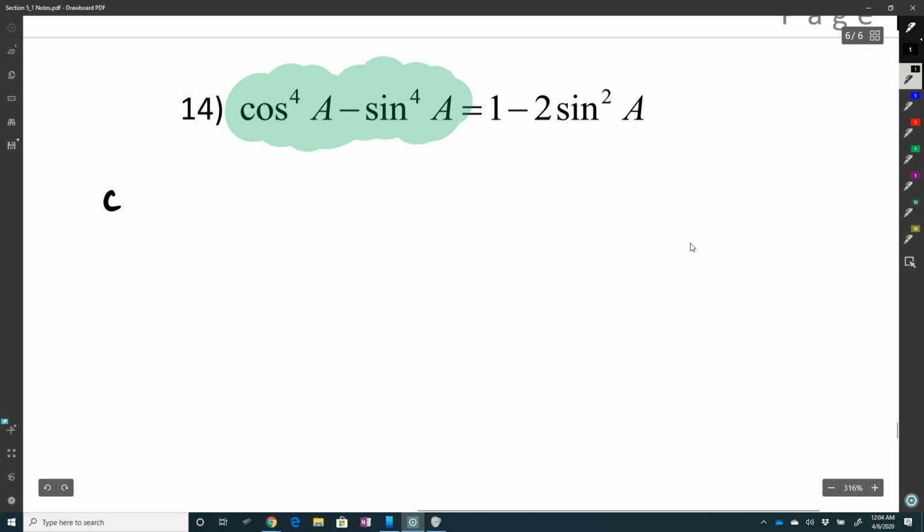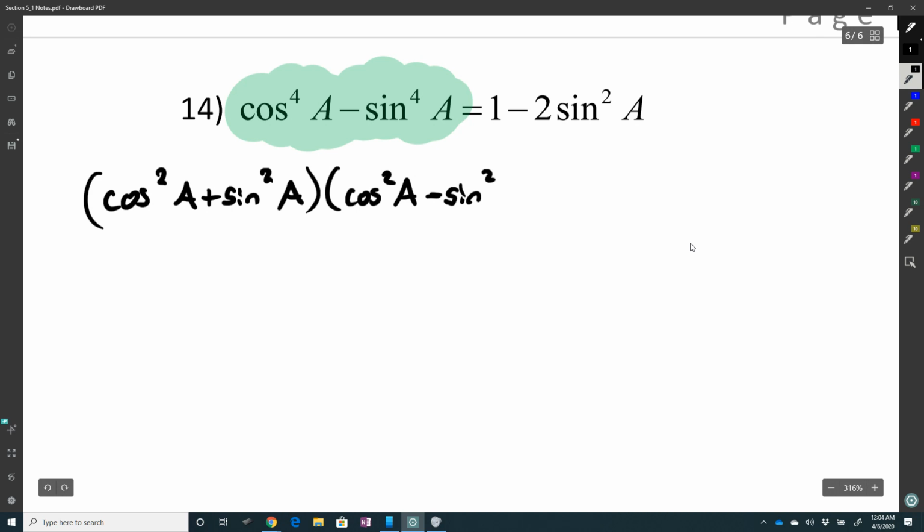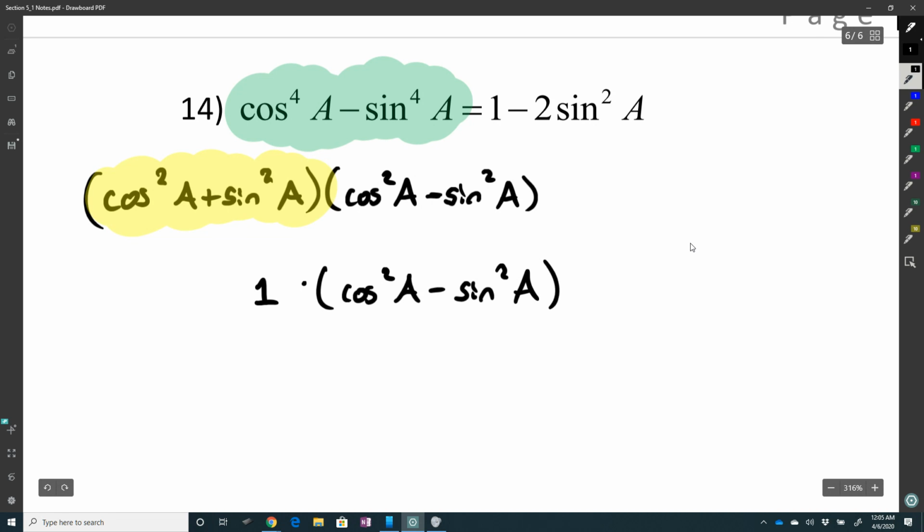I know this is going to be cosine squared A plus sine squared A times cosine squared A minus sine squared A. But we notice that we have an identity. That is just going to be 1.